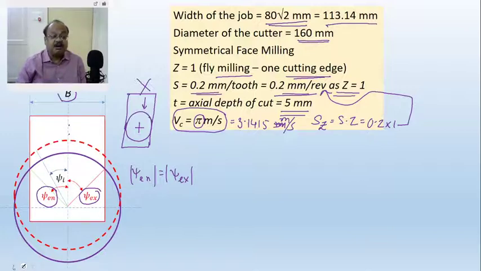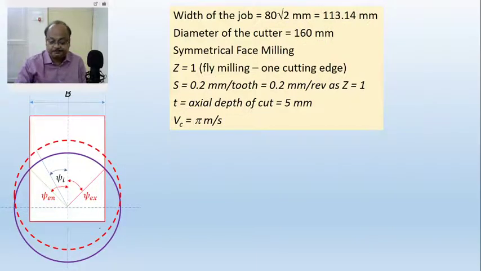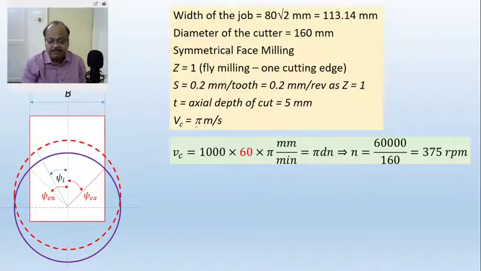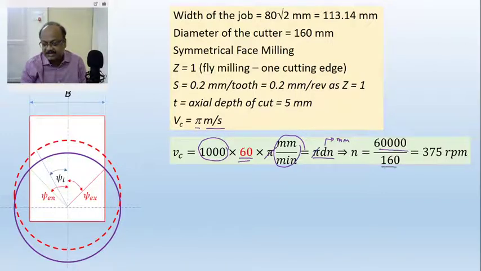Now let us see how to solve this particular problem. VC being π meter per second, first it gets multiplied by 60, so it becomes meter per minute. Then it gets multiplied by 1000 to become millimeter per minute. That is equal to πDN, where D is in millimeter. So this π and this π cancel out, the numerator becomes 60,000, which gets divided by 160, the diameter of the cutter, and you get an RPM of 375.